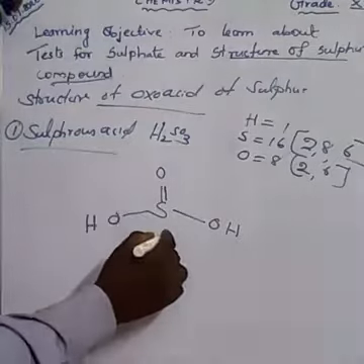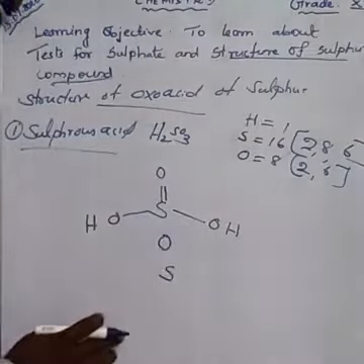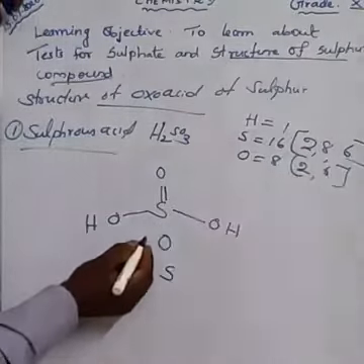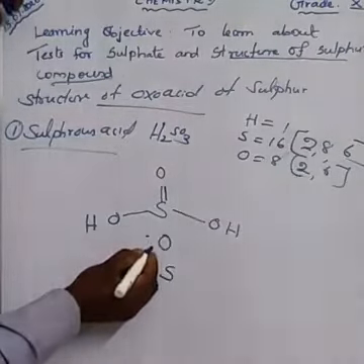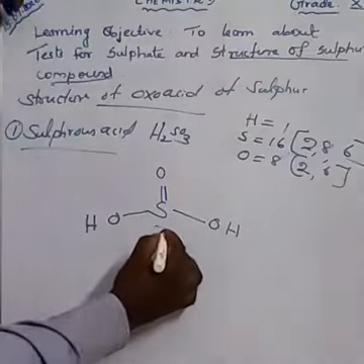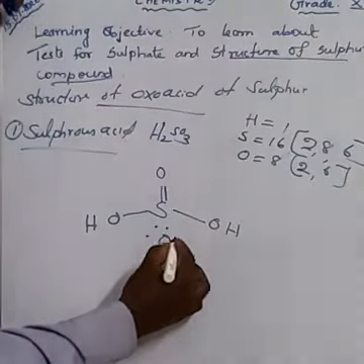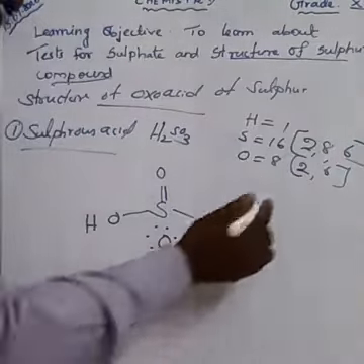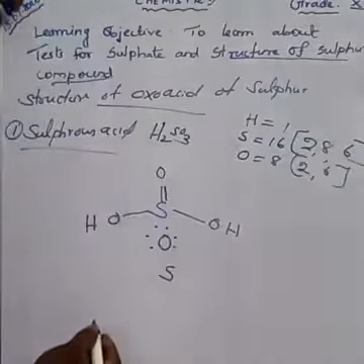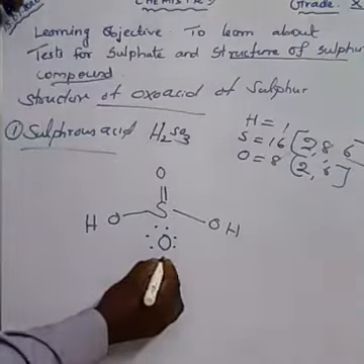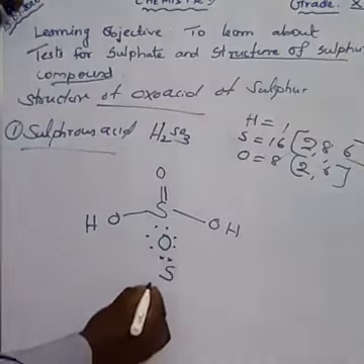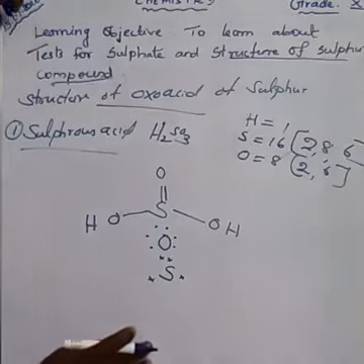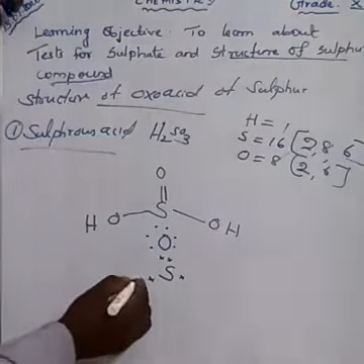Here having oxygen element. I told you that oxygen's outermost electrons are 6. So make it 6: 1, 2, 3, 4, 5, 6. Sulfur having 6 electrons, outermost 6 electrons. That is 1, 2, 3, 4.